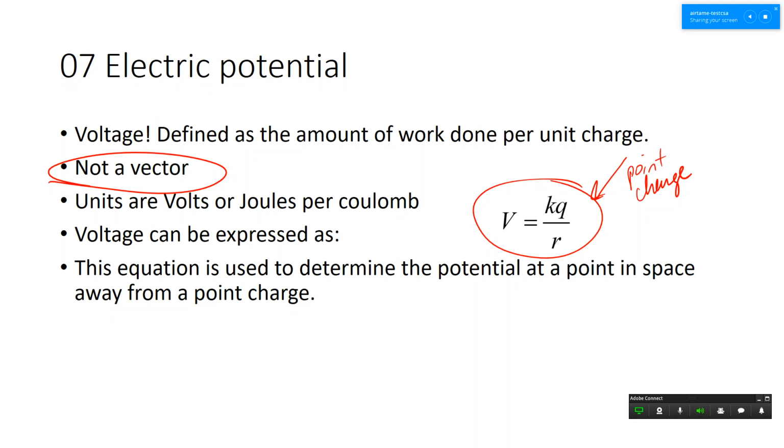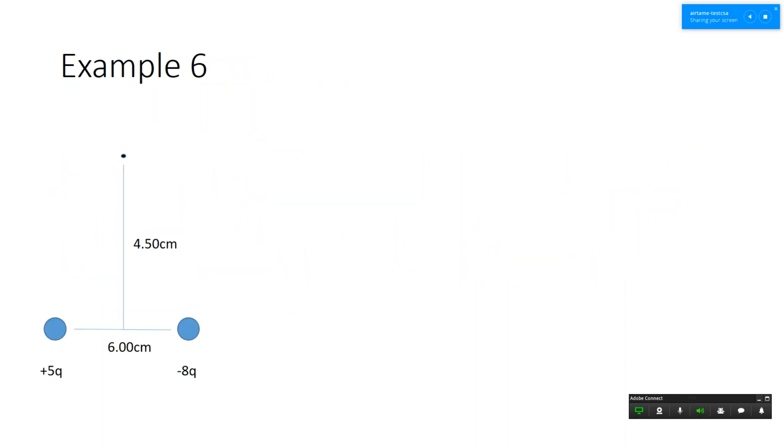So we can therefore find, let's say if we have 2 point charges, the potential at different points around them. That would be my example here. And here I'm asking you to find the potential of this point. Now, do I need to consider any angles in this at all? No, this is not a vector, right? And so therefore we do not consider any angles whatsoever.